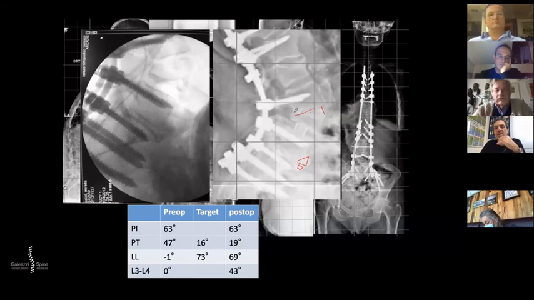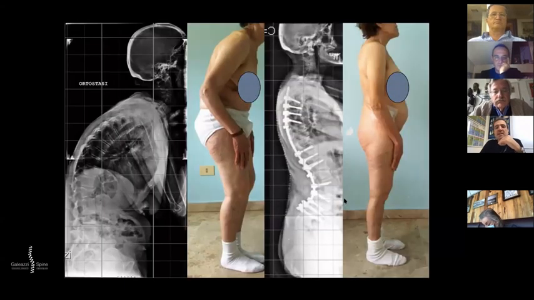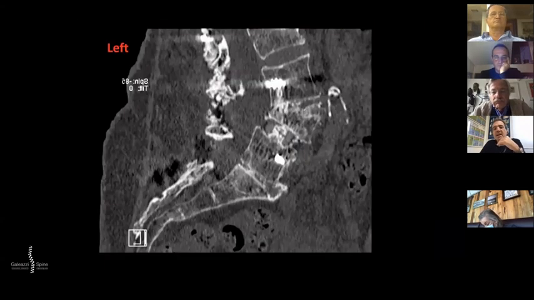That's an important adjunct to increase the chance of getting a solid fusion. There you can see the clinical aspect of the lady. And here you can see one CT scan 1 year after the surgery. You can see the fusion happening in the osteotomy site and the fusion happening through the cage.